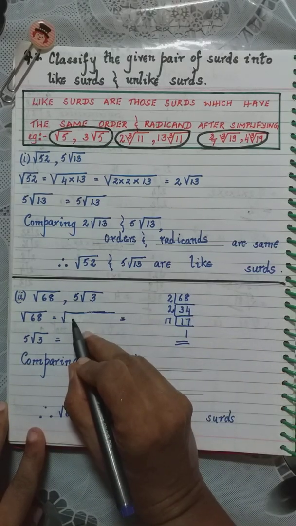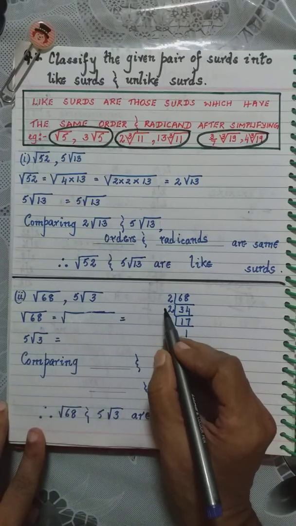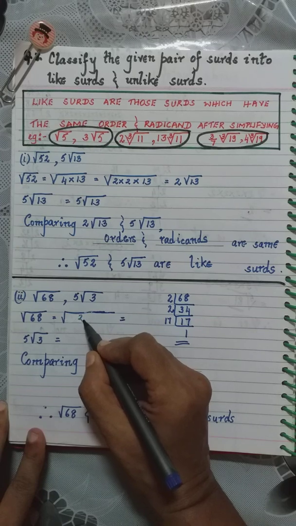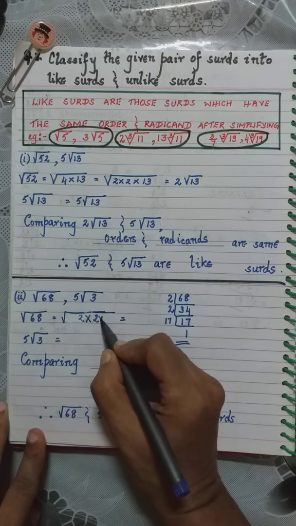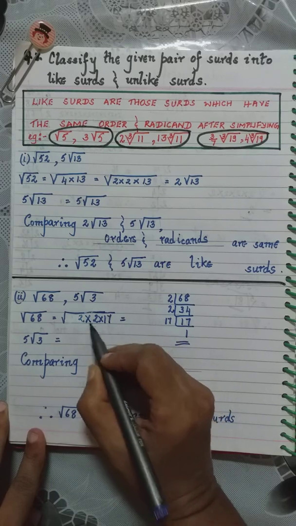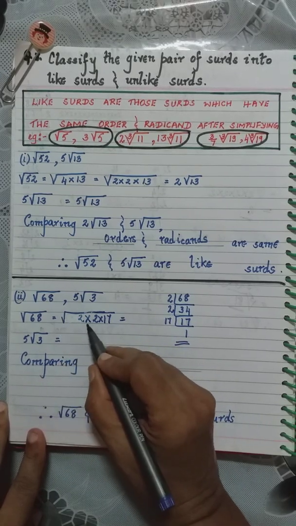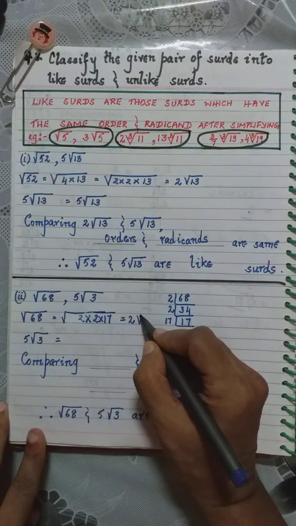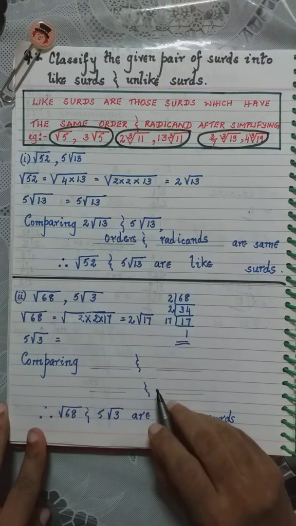Now I can write the factors here. When I am writing the factors, what is it? 2 into 2 into 17. Now 2 is repeated here and it is a square root. So for two 2's we have one 2 out. This will be 2 root of 17.